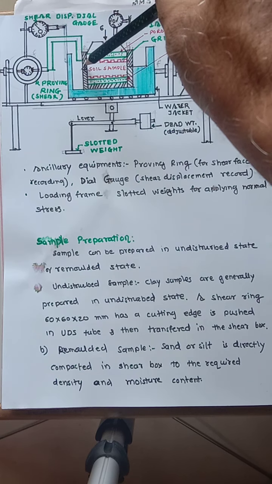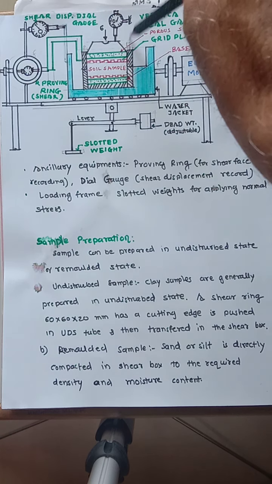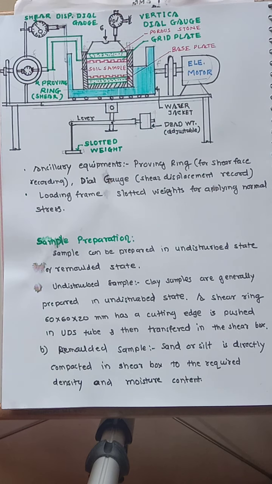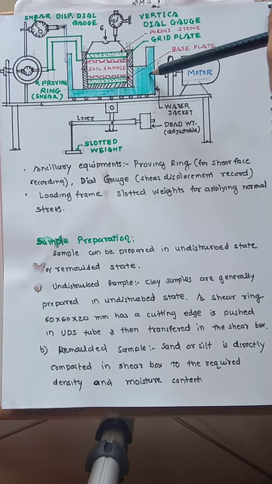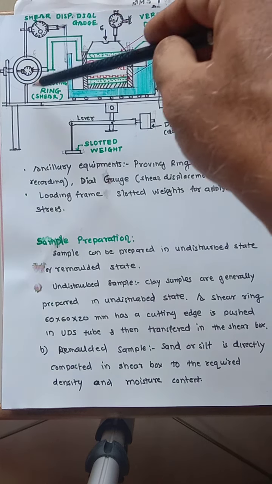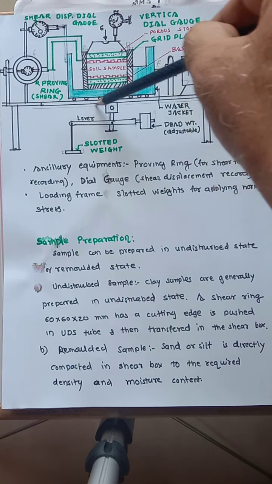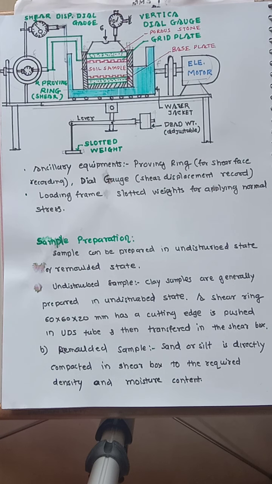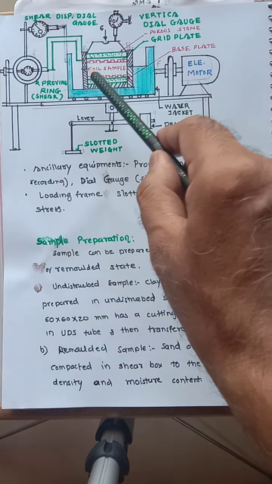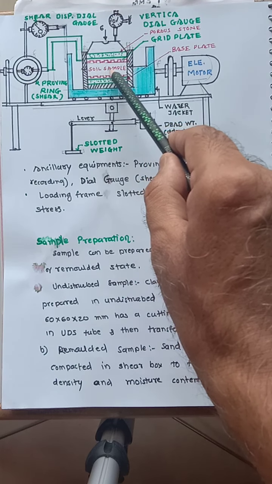Okay, upper half and lower half, these pins are removed, meaning they are ready to move horizontally. So here when the force is applied, which is measured here, the displacement of this box is nothing but the displacement of the soil. The soil will shear at this level.